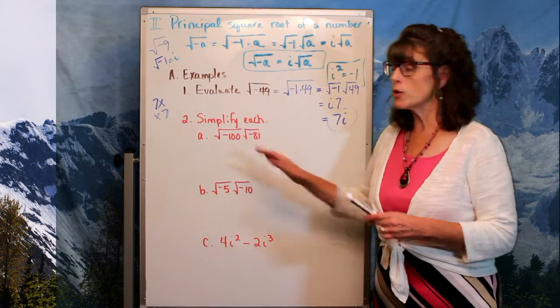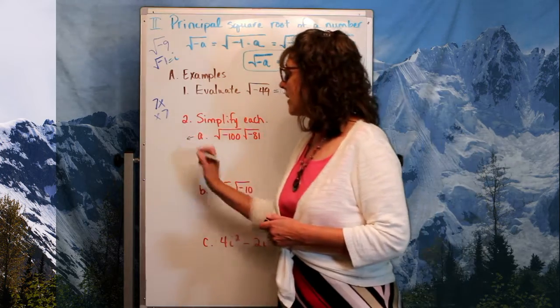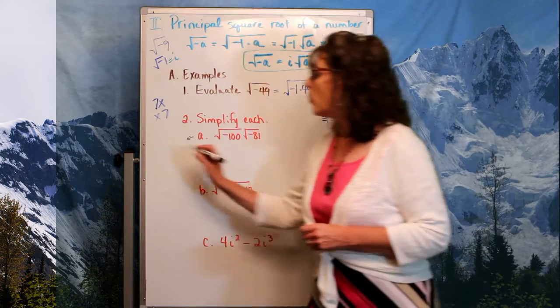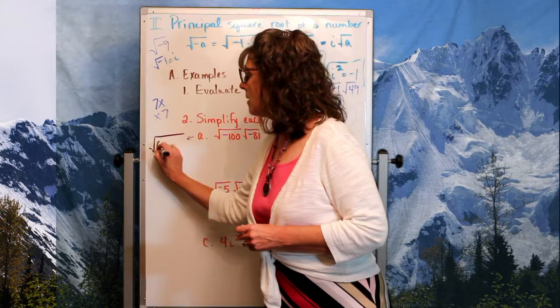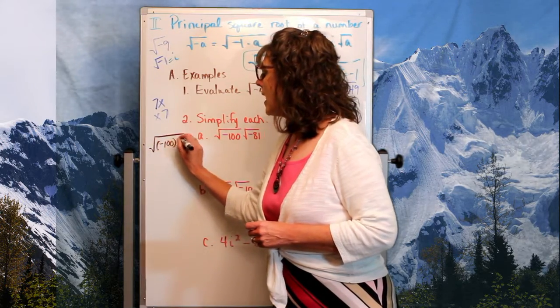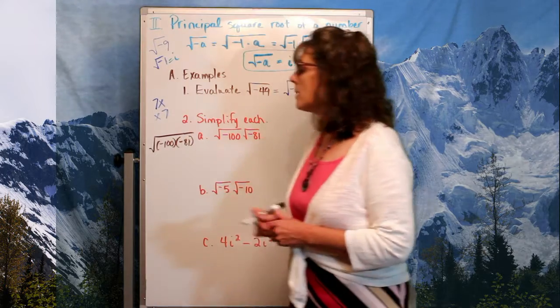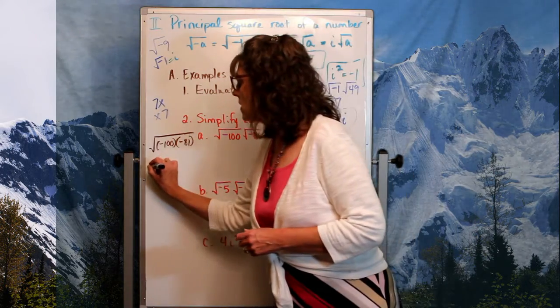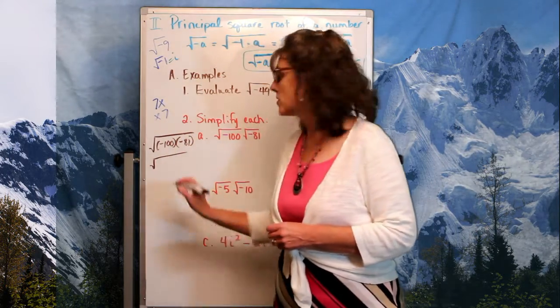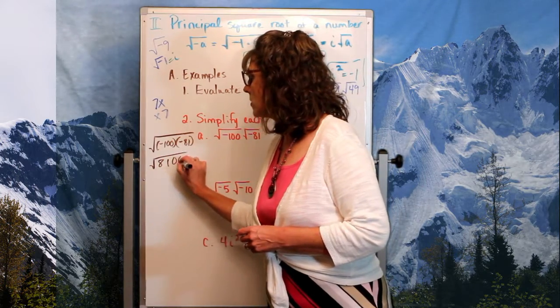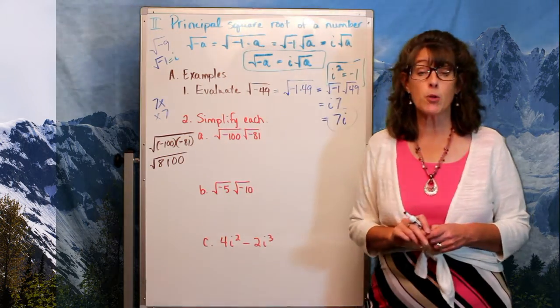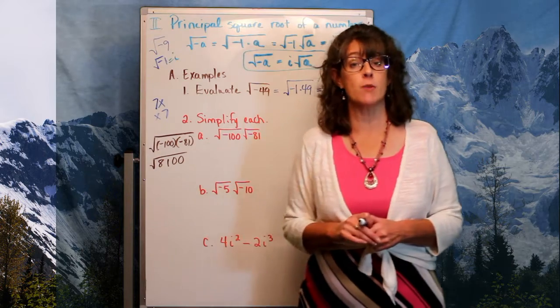If I use my product rule and I go ahead and put them together, and I'm going to slide that over here so I have plenty of room, what's going to happen is underneath that radical I'm going to have a -100 and a -81, and I'm going to multiply those 2 together. When I do, negative times negative is positive, and 100 times 81 is going to be 8100. Now I'm looking for the number that I can multiply by itself to create 8100.